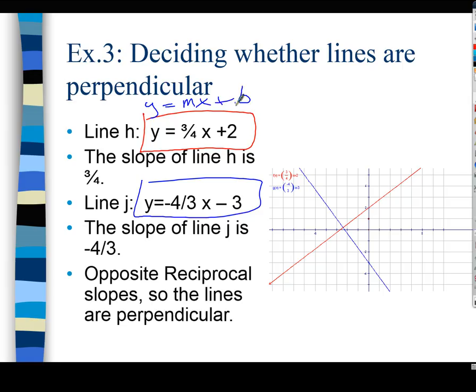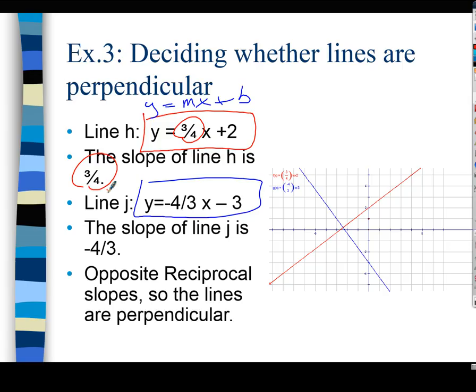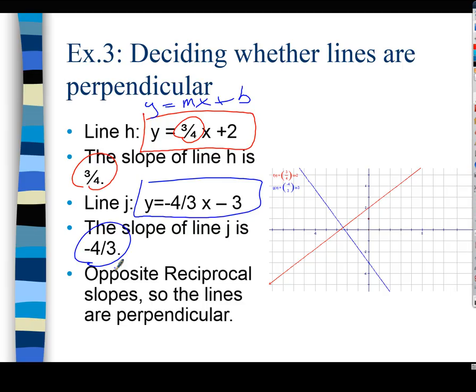So when we write it in mx plus b form, whatever the coefficient of x is, that's the slope. So we know the slope of the red line is 3/4, and so therefore the slope of the blue line would be what? -4/3. And then we can see right away that 3/4 and -4/3 are opposite reciprocals, and so they are perpendicular.